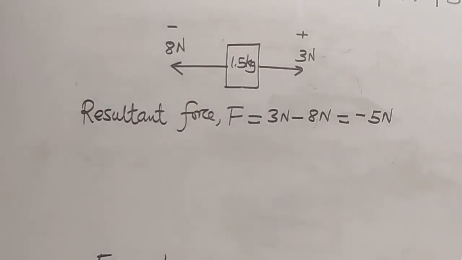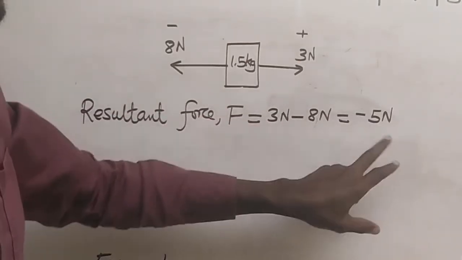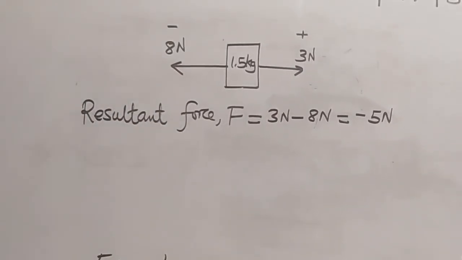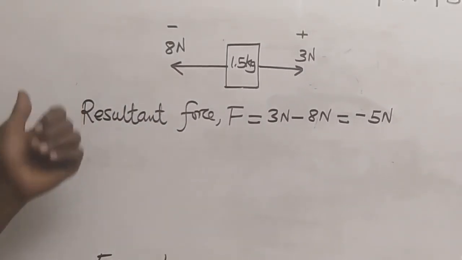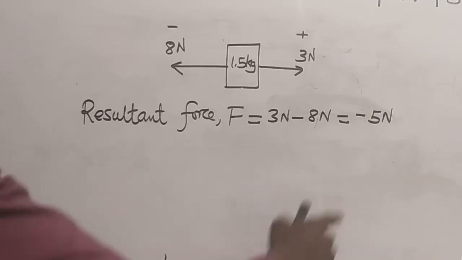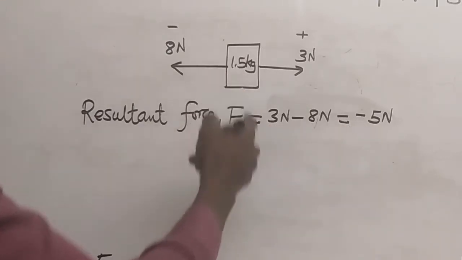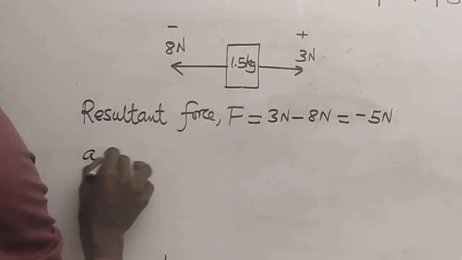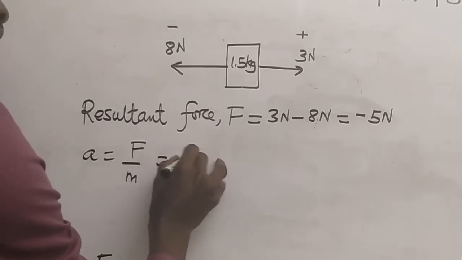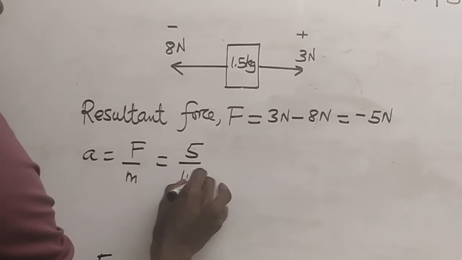So for O level, either way, you are correct, though this is the most correct one. Negative 5 just tells us that it is acting to the left. Then the acceleration: you just use the magnitude of this force, and the mass is here. So the acceleration is given by the resultant force over the mass. The resultant force is 5 divided by 1.5.